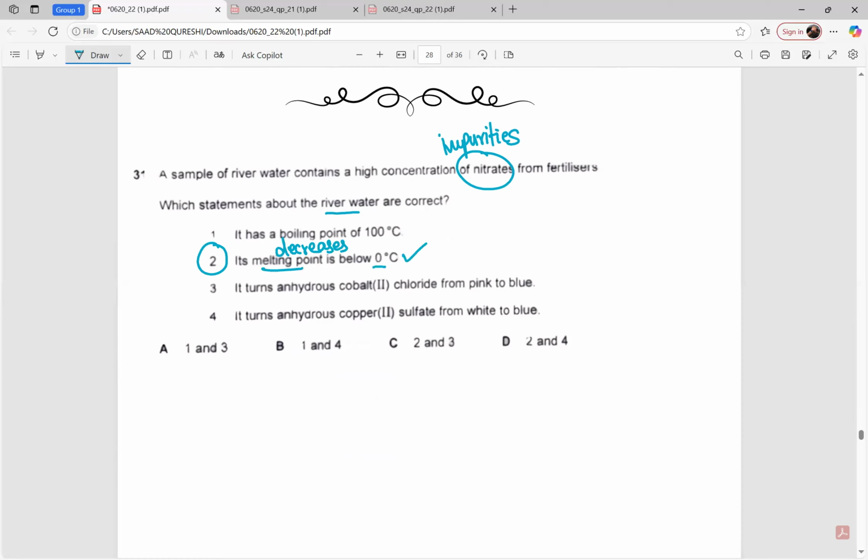This is correct. And it turns anhydrous copper sulfate from white to blue. This is a test for water. It turns anhydrous cobalt chloride paper from, this is wrong, because it turns cobalt chloride paper from blue to pink, not from pink to blue. So 2 and 4.